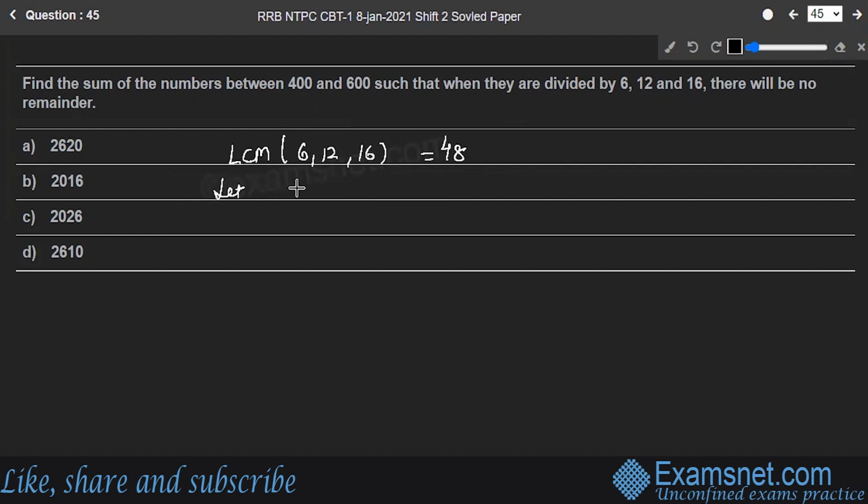Let K be a natural number. Then the required numbers will be of the form 48K.